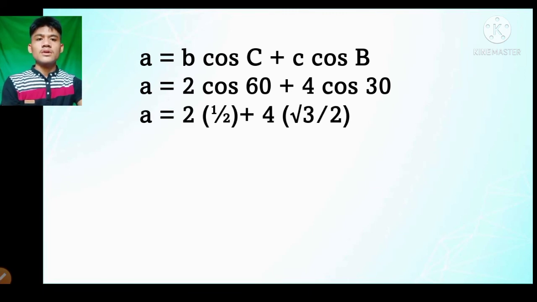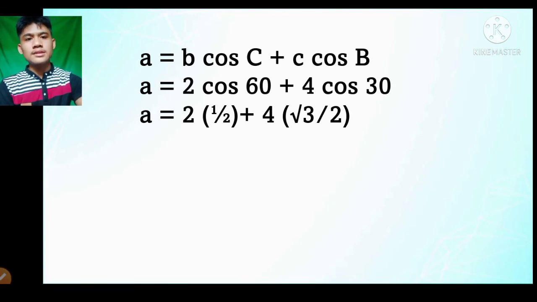So we have cos 60, which is 1/2, and cos 30, which is square root of 3 over 2. So multiply each, with the operation of addition. So we have 1, since 1 times 2 over 2 is equal to 1.